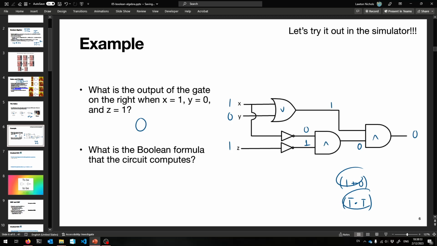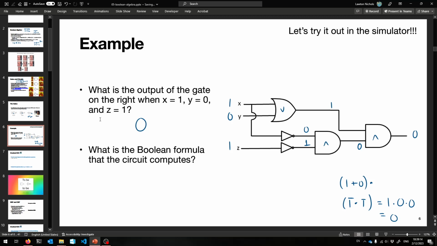And then it's taking these two results, and it's also ANDing them. So like a multiplication is going on there. And so like we said, this is all equal to 1 or 0 is just a 1, ANDed with 1 bar, which is 0, ANDed with another 1 bar, which is 0, and so the final answer is 0, and that's why we got that, all right?